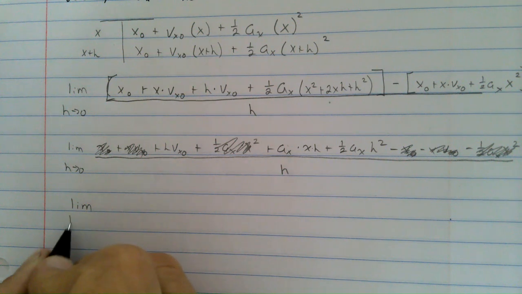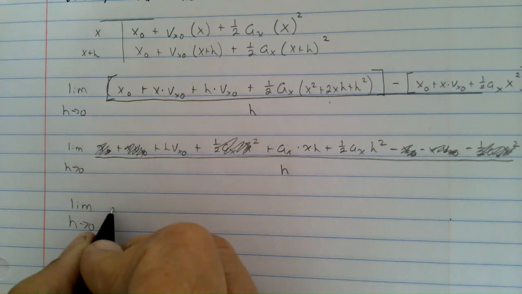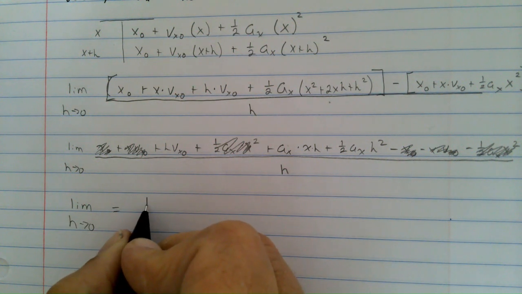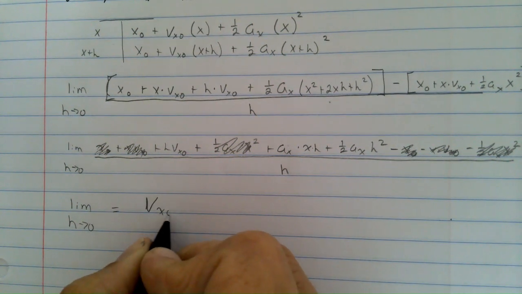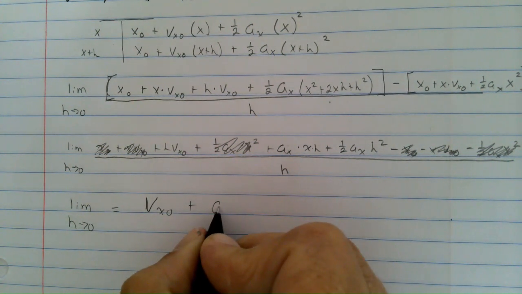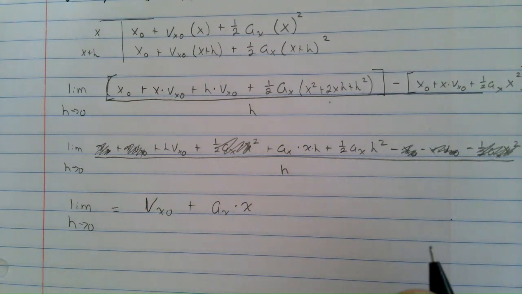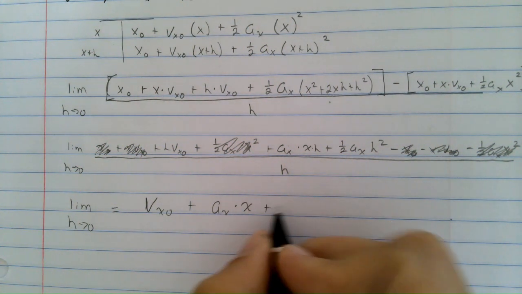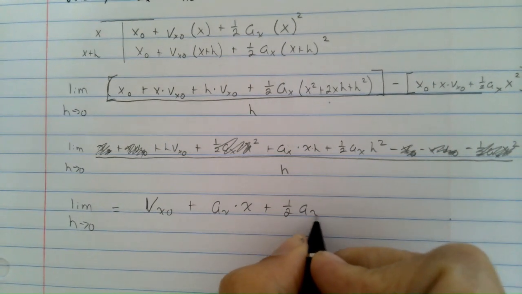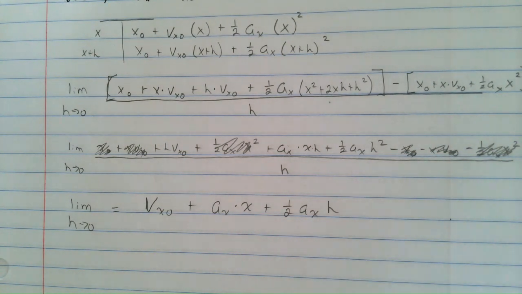So the limit as h approaches 0 of v sub x sub 0 plus a sub x times x plus 1/2 a sub x h.